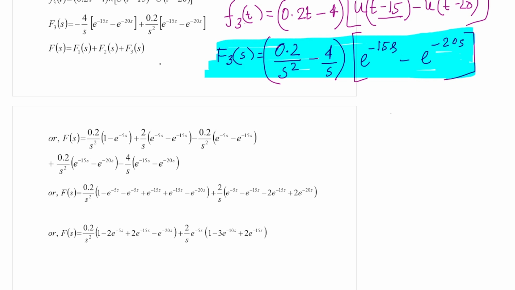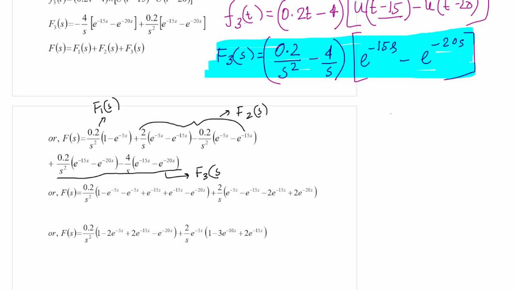so this becomes f1s, this entire thing actually becomes f2s. Lastly, we have entered this thing as f3s.